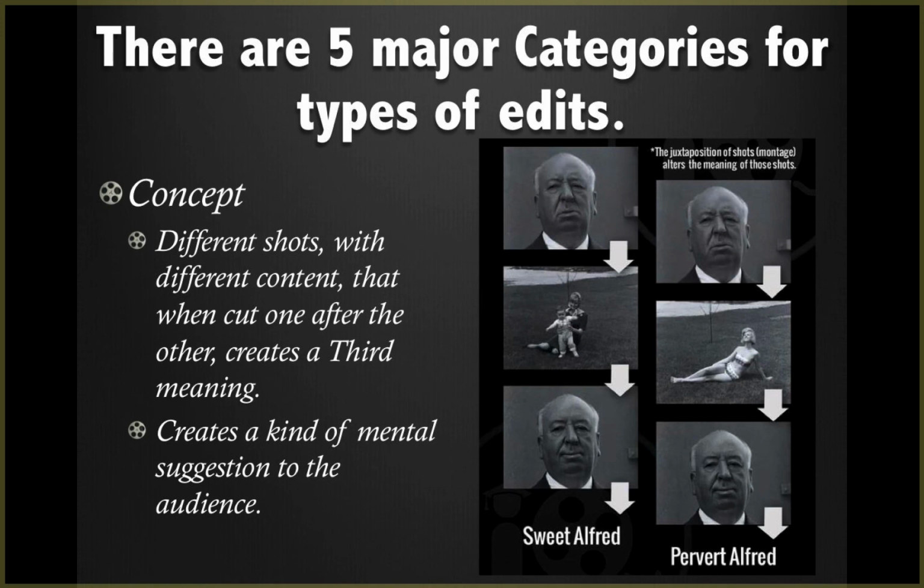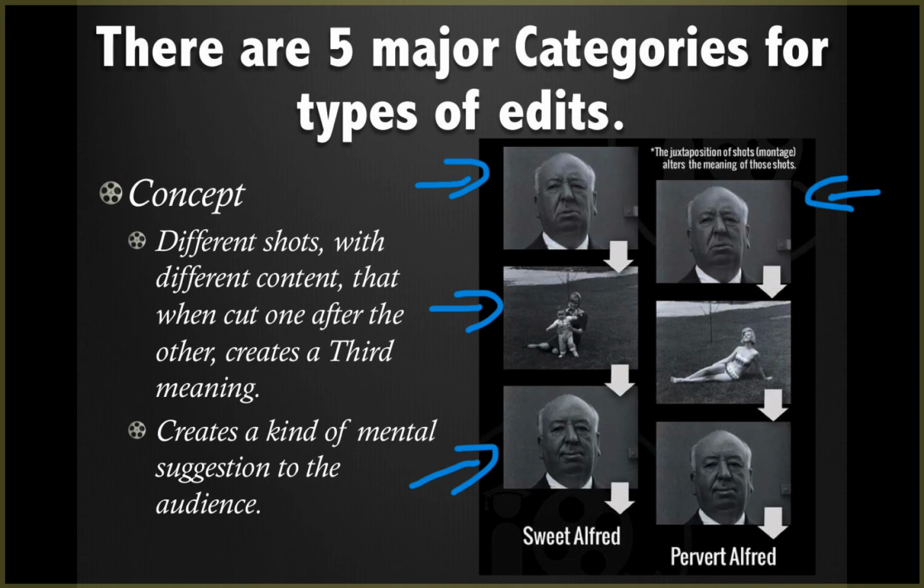This example that you see here, you have Hitchcock, close up. You cut to a shot of a woman and child, and then he smiles. You're like, oh, he must be a loving grandfather, or at least is thinking nice, sweet thoughts about this mother and child. This is an example here where he gives the exact same shot.